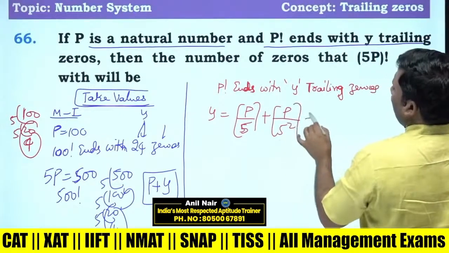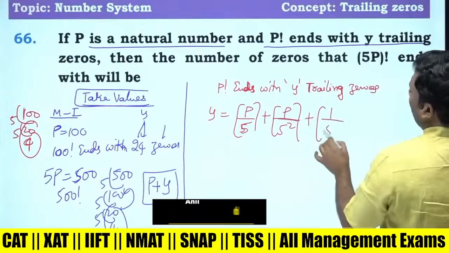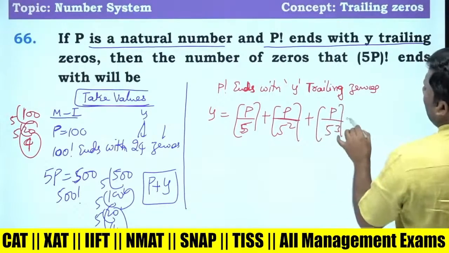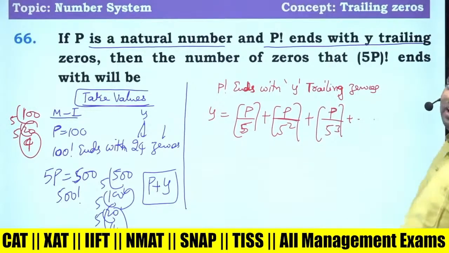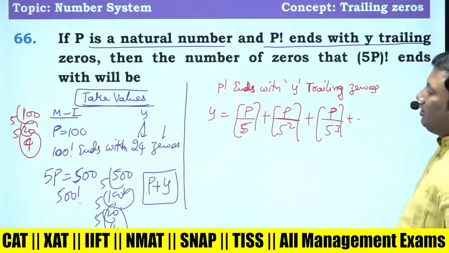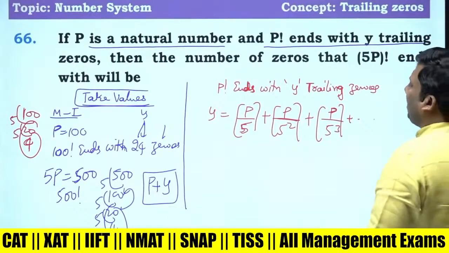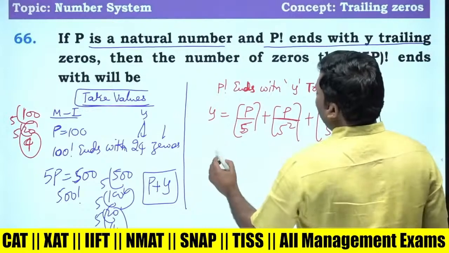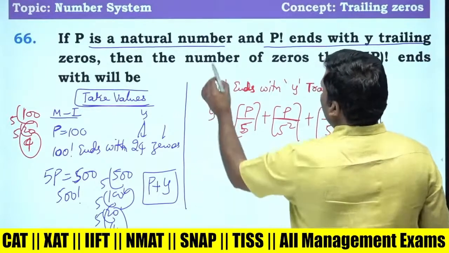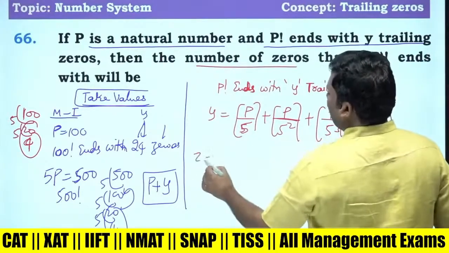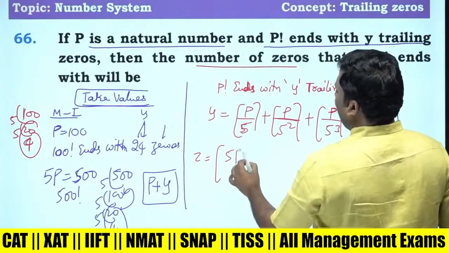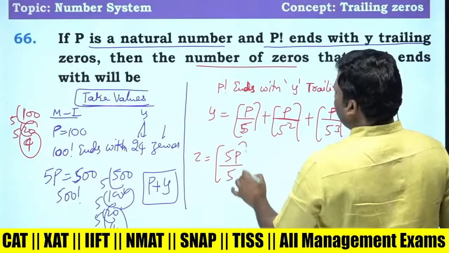Then P by 5 cube. This will stop at a point depending upon the value of P. Then the number of zeros in 5P factorial. If I call it Z, for 5P factorial, it is 5P by 5.